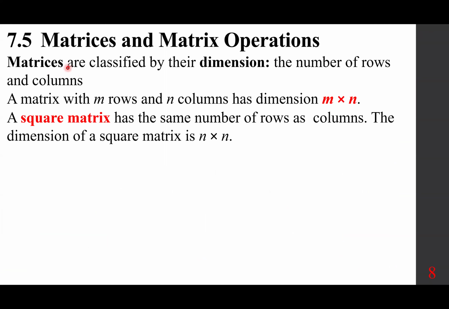Matrices are classified by their dimension, the number of rows and columns. A matrix with m rows and n columns has dimension m by n. A square matrix has the same number of rows as columns. The dimension of a square matrix is n by n.